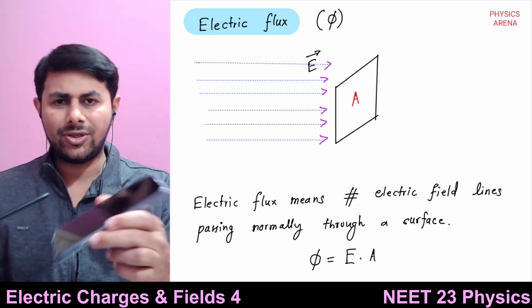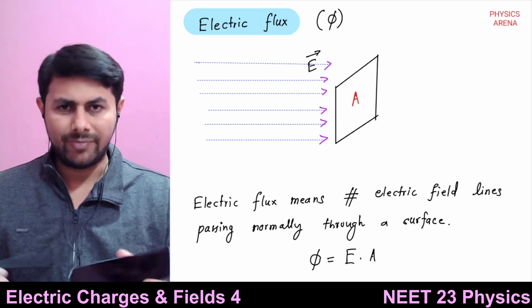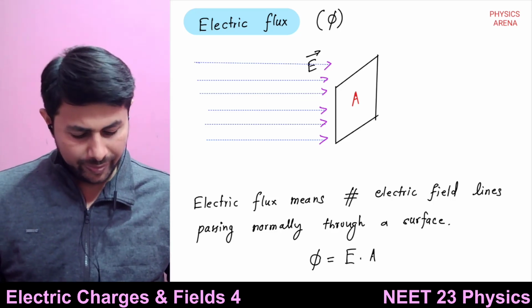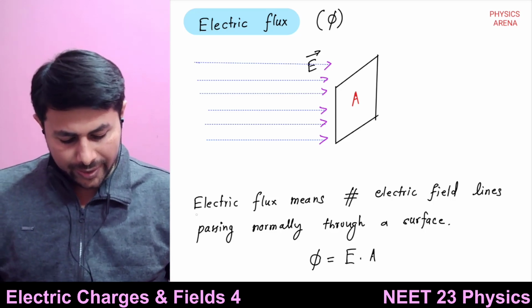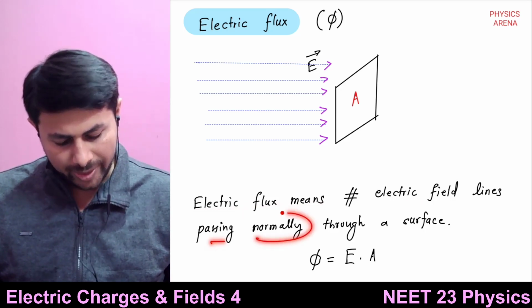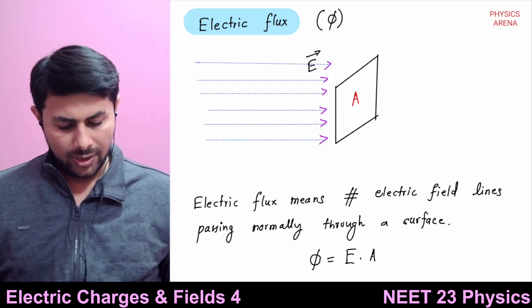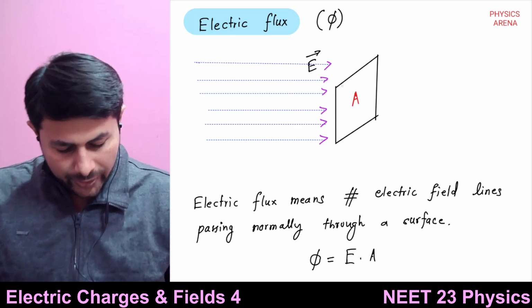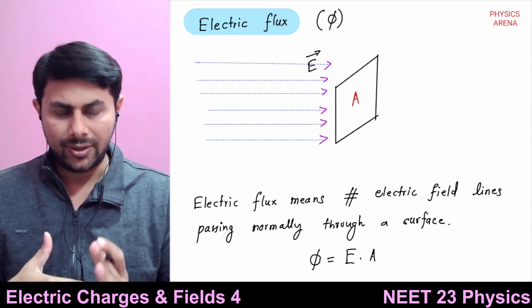So the orientation of area matters, right? That's why electric flux is the number of electric field lines passing normally. Normally means perpendicular to an area. So for this area, the area and electric field lines are perpendicular to each other.